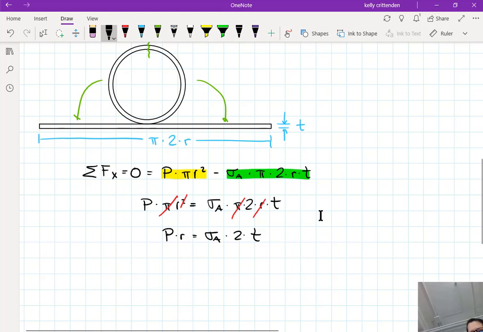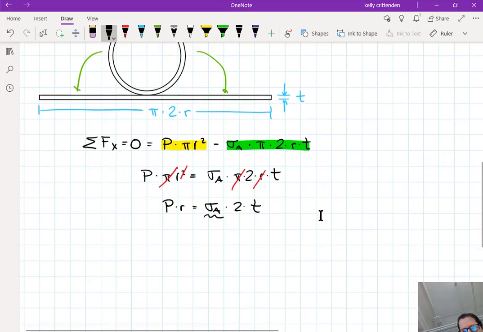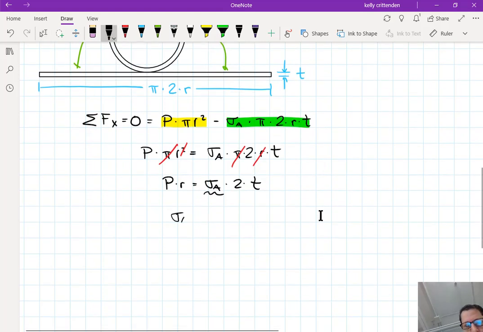And I can solve this for sigma A. Sigma A is normally what I want to solve for, because that's the stress in the wall that I can compare to the strength of whatever this pressure vessel is made of. So sigma A, the stress in the wall of the thin-walled spherical pressure vessel, equals P times internal radius divided by 2 times wall thickness. And I've got this nice, neat little equation that works for thin-walled pressure vessels.